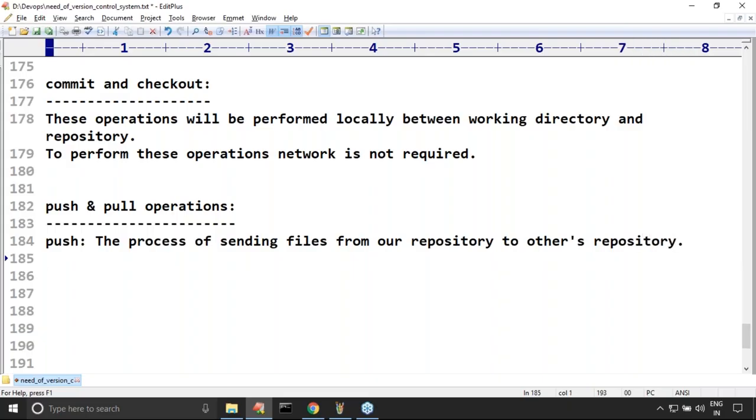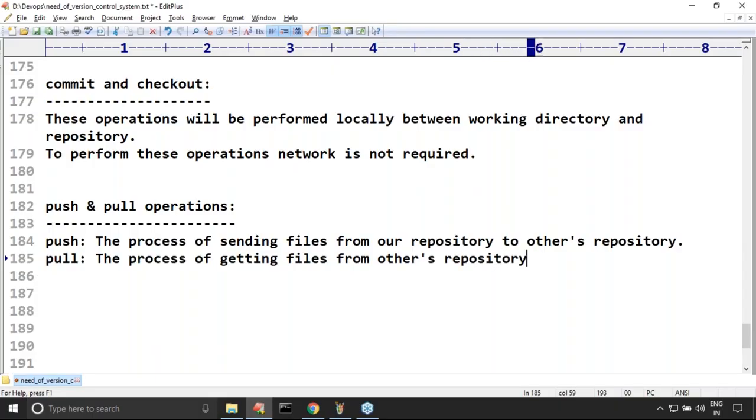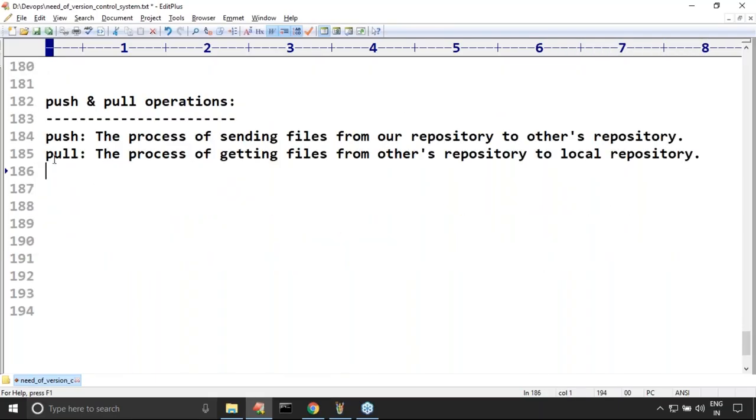Next, what is the purpose of the pull operation? Pull means the process of getting files from other repositories to the local repository. This operation is by default considered a pull operation, right?